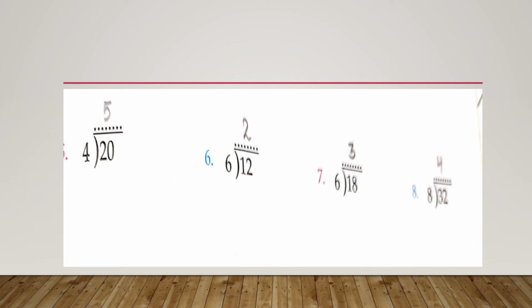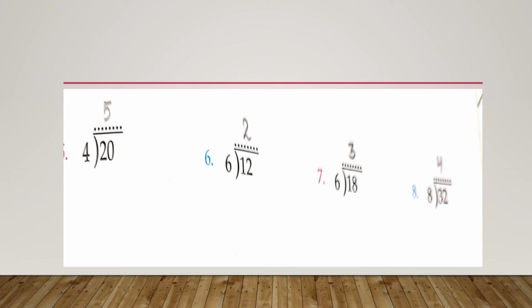Now seventh part children, here you have to divide 18 by 6. So you will read the table of 6 until you get 18. 6 1s are 6, 6 2s are 12, 6 3s are 18. So children, here your answer will be 3.